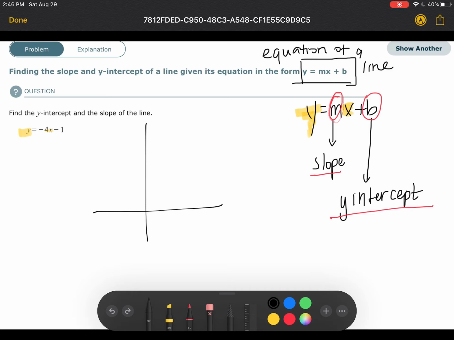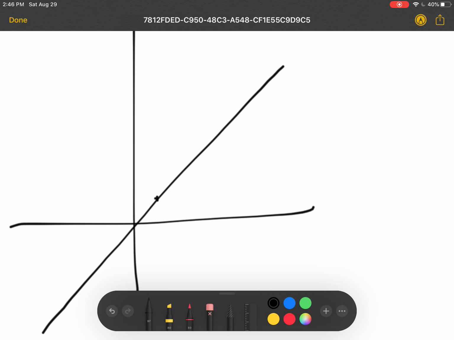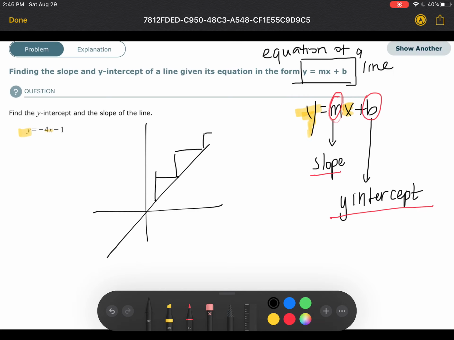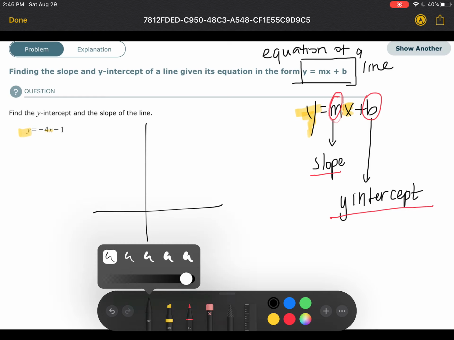But the slope describes the distance between 2 points. So let's say you have a point here on your line, your point here on the line. It's going to tell you how far does it go up and how far does it go over. And that is going to be consistent. That is something you really don't need to get too far into right now, but that's what the slope is of a line.